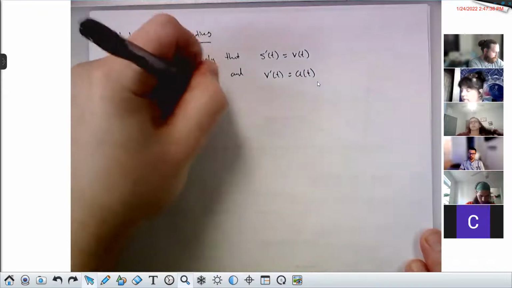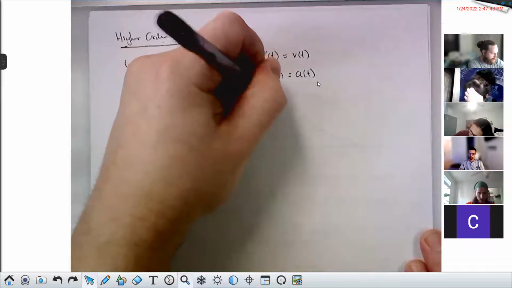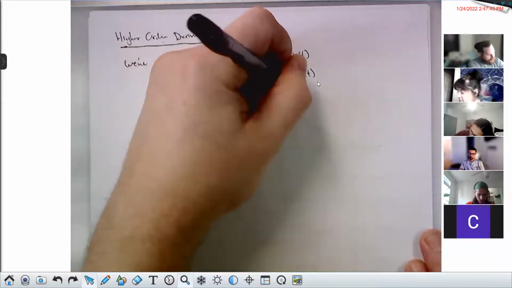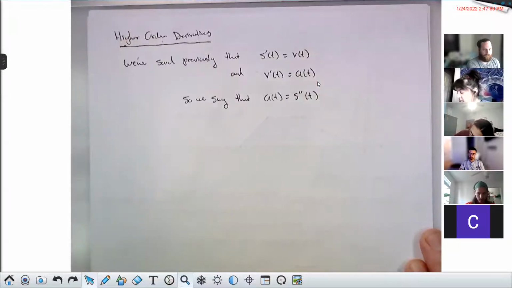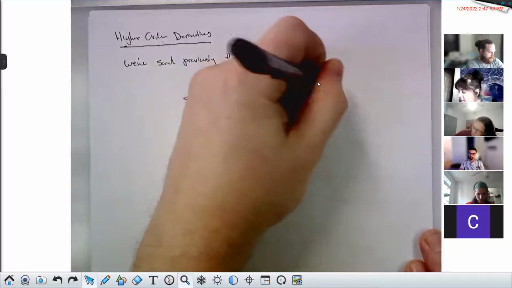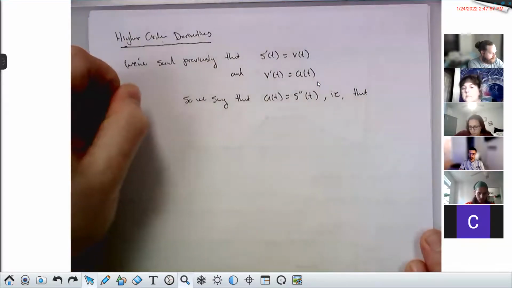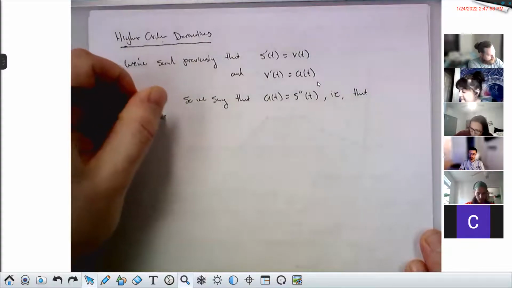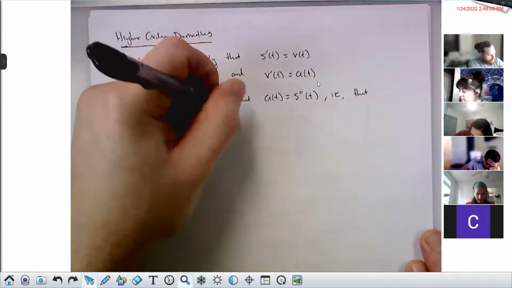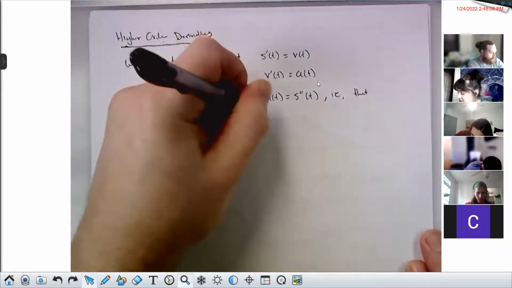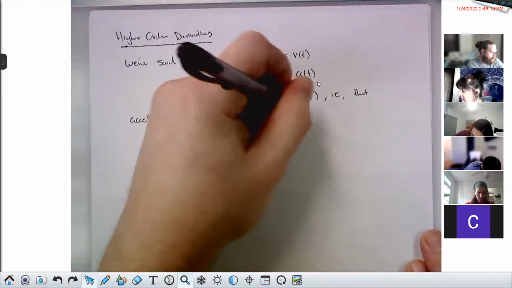So we say that a of t is s double primed of t, i.e. that acceleration is the second derivative of position.